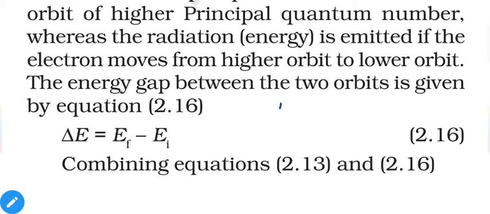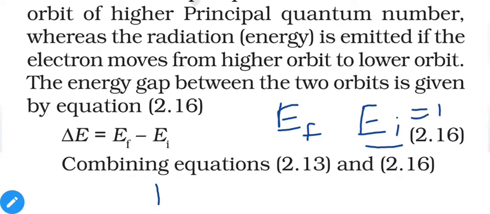Simply, E represents the energy of a given orbit, E_f represents the energy of the final orbit, and E_i represents the energy of the initial orbit. Let us say the electron is in the first orbit initially, then E_i is the energy of the first orbit, and if it is jumping from 1 to 2, then E_f will be the energy of the second orbit. Similarly, if it is emitting energy, then the initial value will be more.